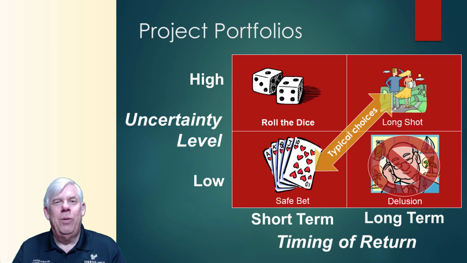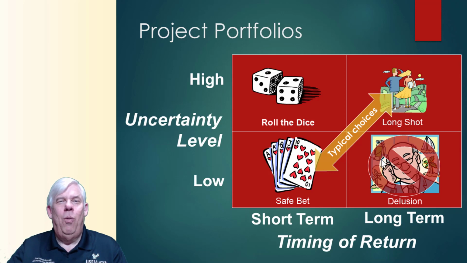I don't know whether that's true or not, but that would be an example of a roll the dice strategy, actually quite literally a roll the dice strategy, and it might be something that is done occasionally, but if you do this particular strategy too often, you are not going to stay in business very long.